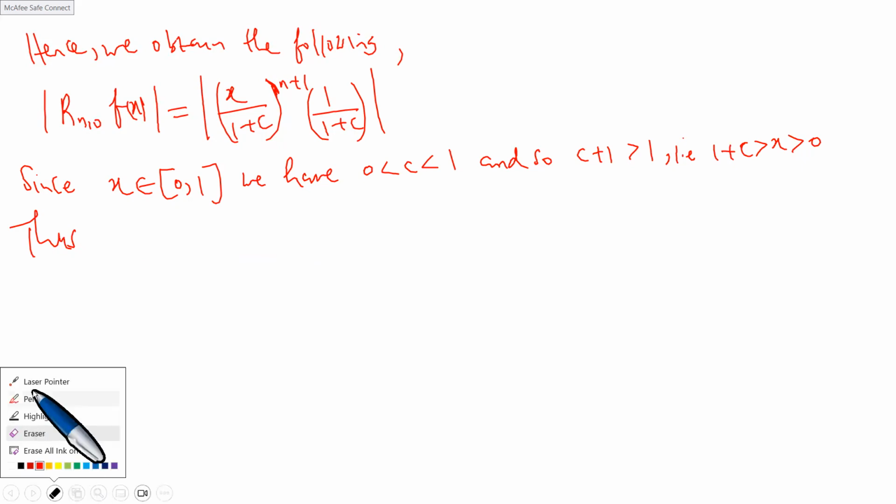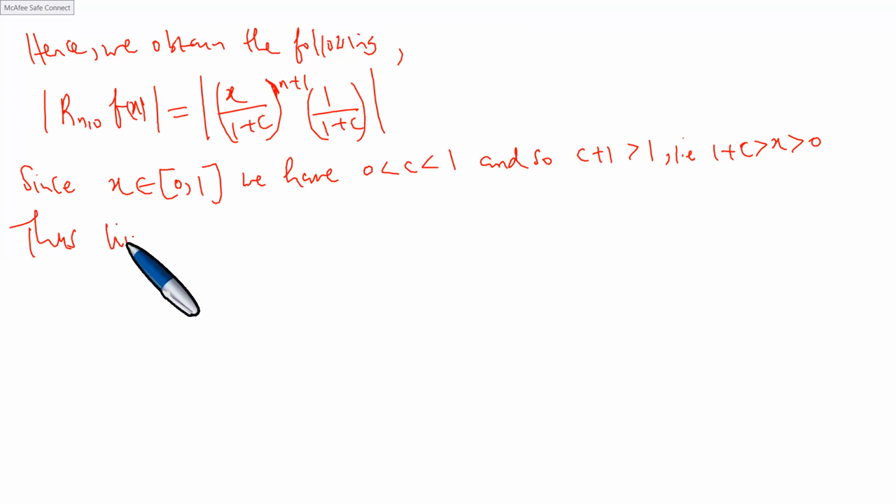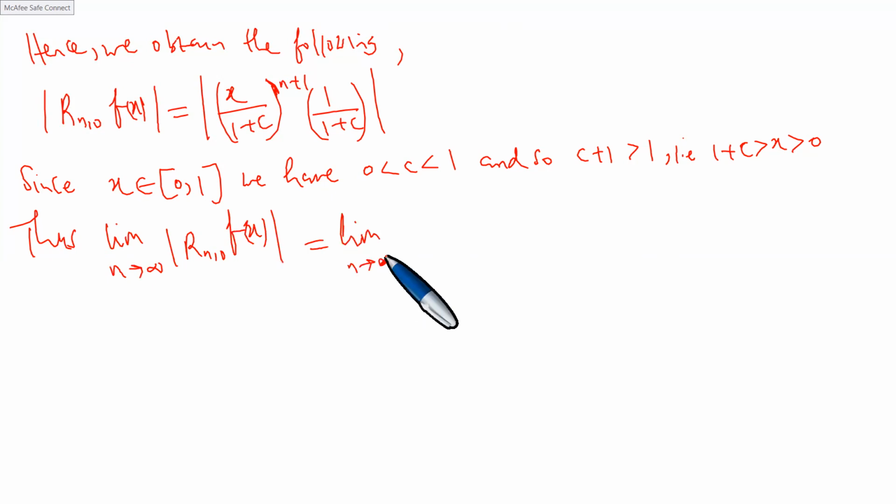So the limit as n approaches infinity of the remainder term of the polynomial of degree n at 0 of the function f of x, the limit as n approaches infinity of x over 1 plus c.